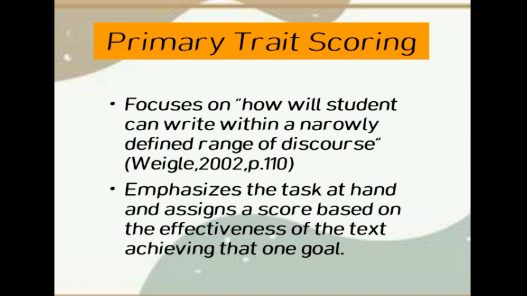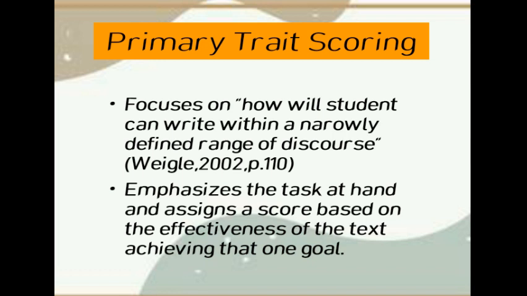This emphasizes the task at hand and assigns a score based on the effectiveness of the task in achieving that one goal. For instance, if the purpose of an essay is to persuade the reader to do something, the score for the writing should rise or fall on the accomplishment of that function.